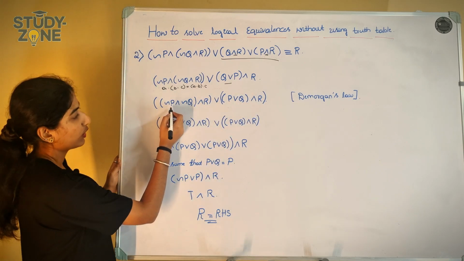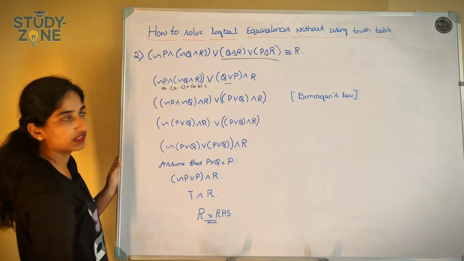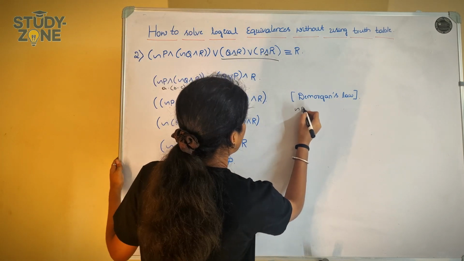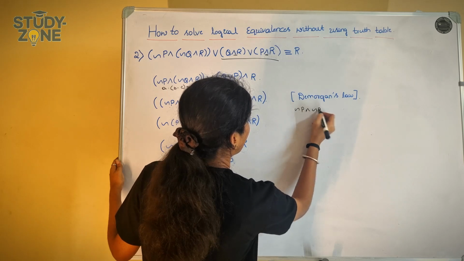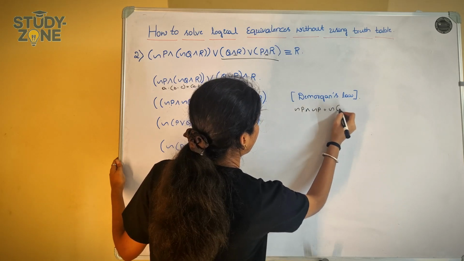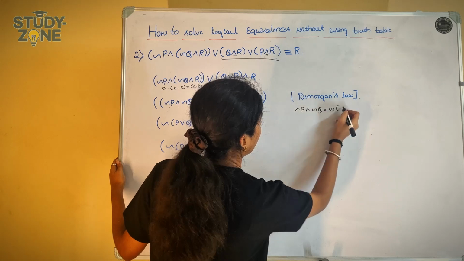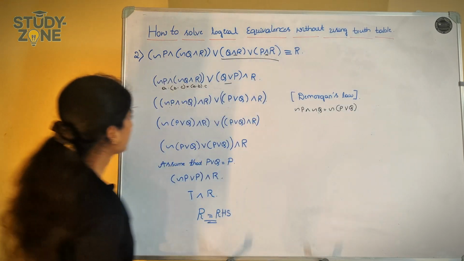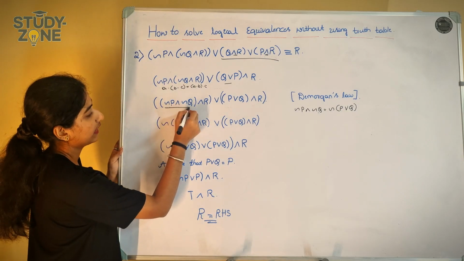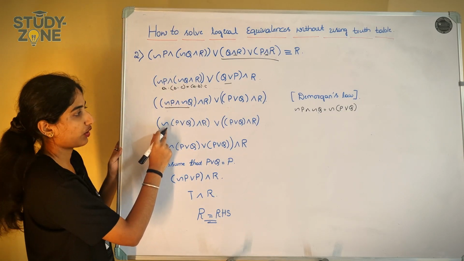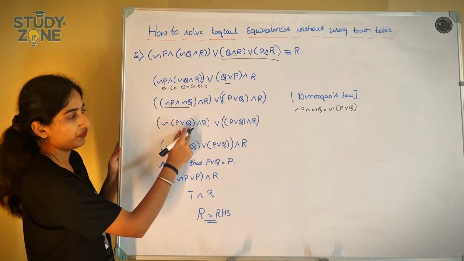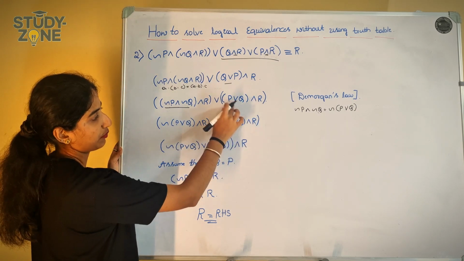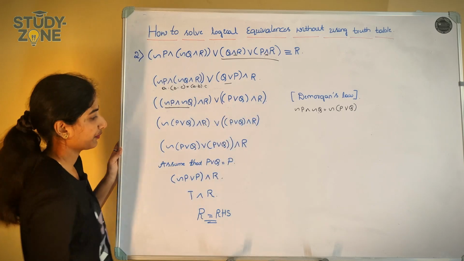Now look at this. Not P and not Q. This comes under De Morgan's law. That is not P and not Q will be equal to negation of P or Q. Right. So here we are applying De Morgan's law, that is negation of P or Q and R. Done. So this one as it is, P or Q and R.